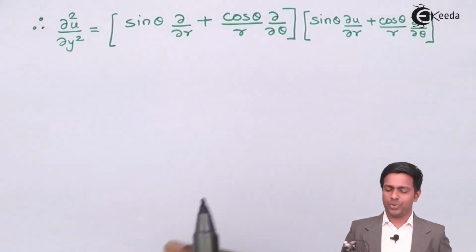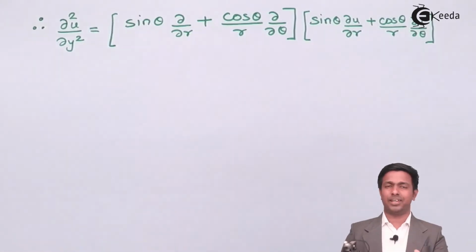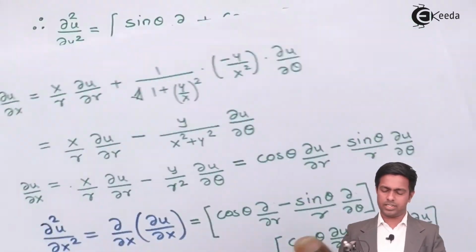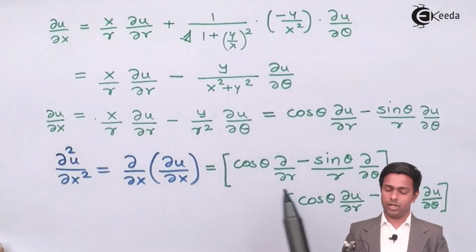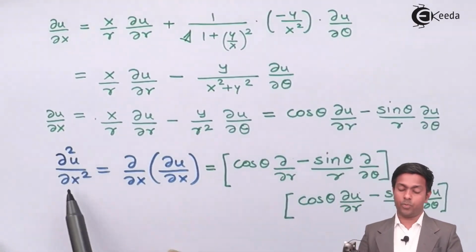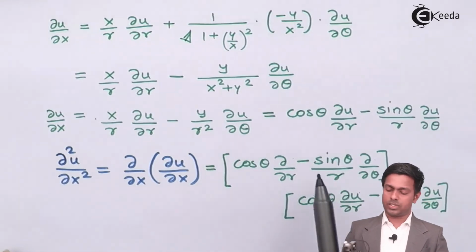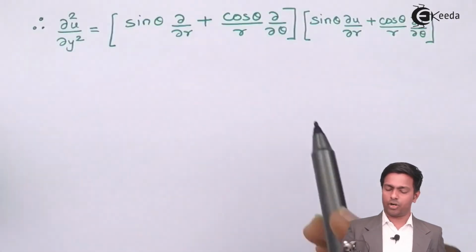So what we'll do is, to get this answer by a shortcut method, we will observe the answer of the first term that we got. So here on the screen you can see the term which we got for del square u by del x square. So similar two brackets we got here.